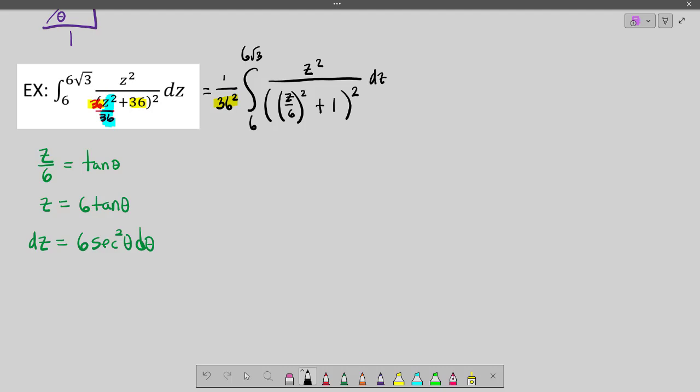We're going to come over and turn all the z's into thetas. And we're hoping that the 36 cancels at some point, so we can just leave it as 36 squared. We are going to use placeholder limits. Just going to let them be asterisks for now, not convert them over to theta. So z squared, we look right here, z squared is going to be 36 tan squared.